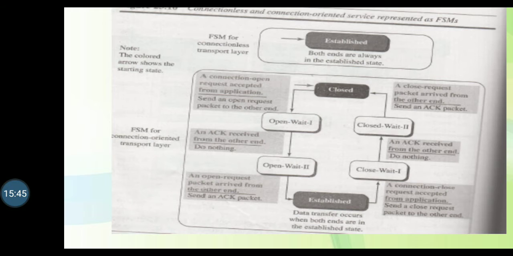Using this tool, each transport layer, sender or receiver, is thought of as a machine with a finite number of states. The machine is always in one of the states until an event occurs.